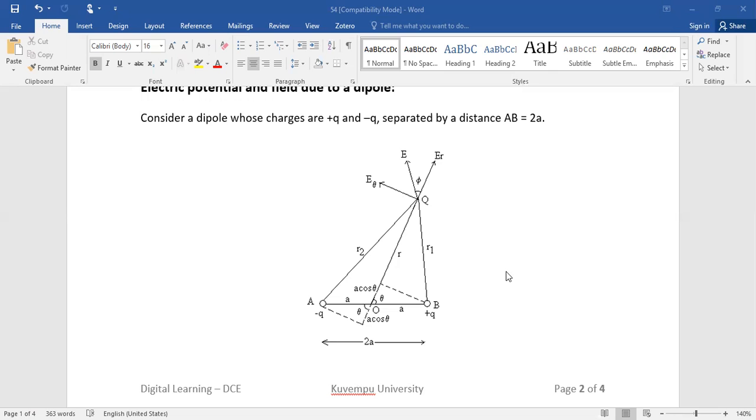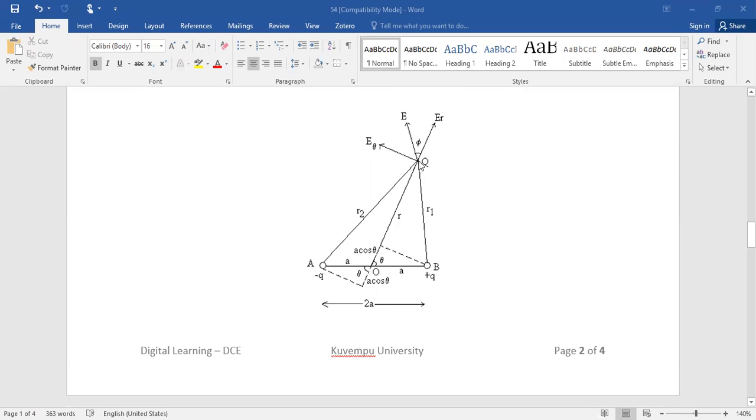First, let us find the potential at Q. The potential at Q is the net potential due to the individual charges. Plus Q and minus Q are point charges.